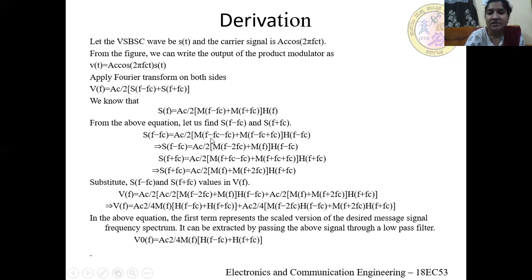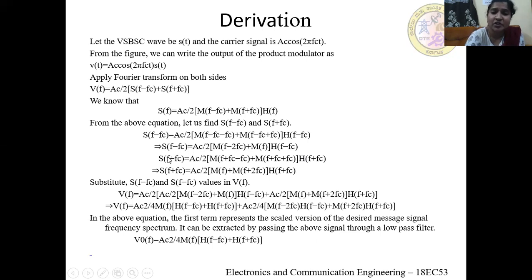If you simplify this, f minus fc minus fc will become f minus 2fc, and minus fc plus fc will get cancelled. So you get S(f minus fc) equal to Ac by 2 into [M(f minus 2fc) plus M(f)] into H(f minus fc).